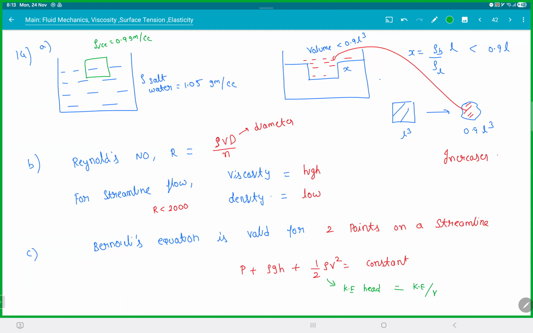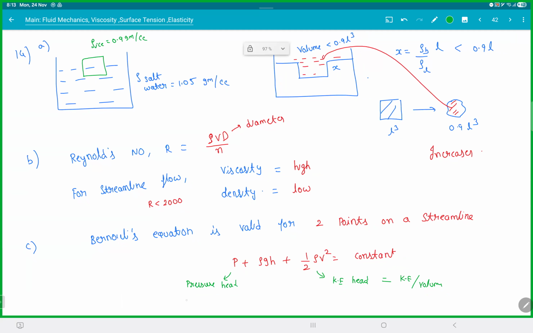If you actually multiply everything, you'll get the work energy theorem. It looks like pressure, but these are actually energies per unit volume.